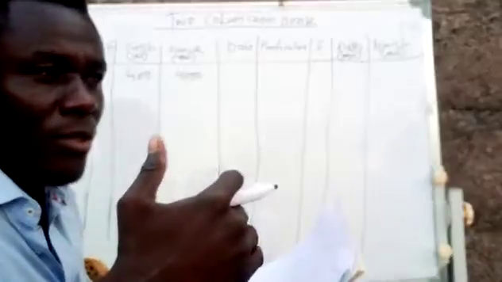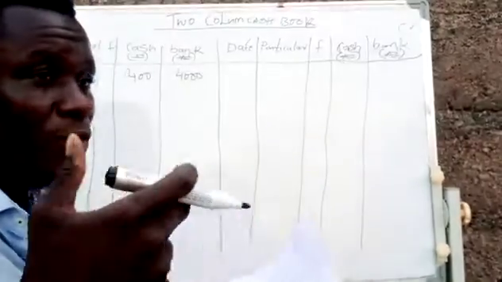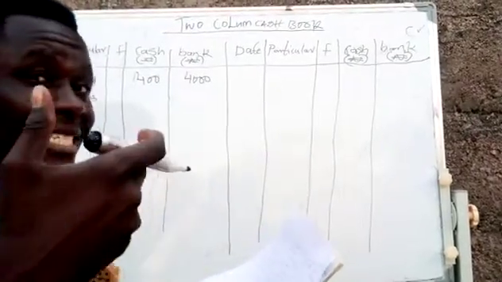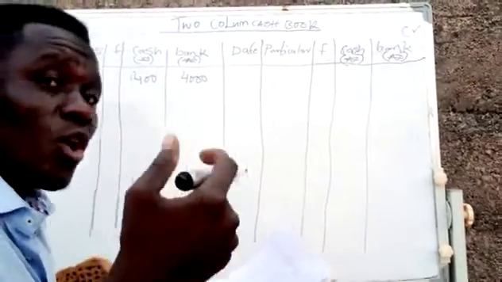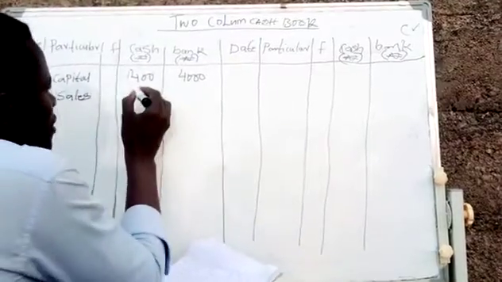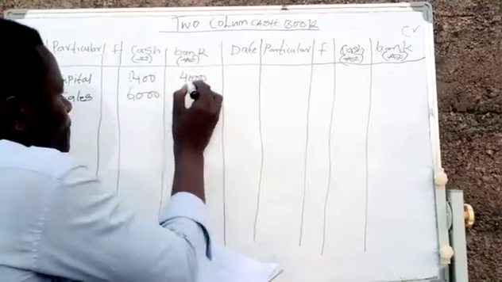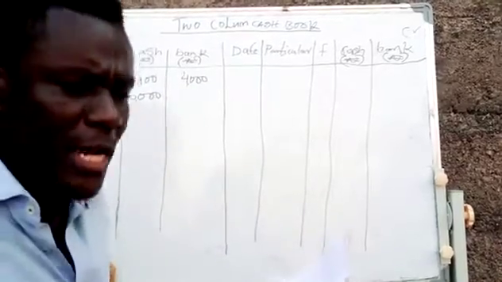And from the question, cash sales, which means you have made a sale by cash, you're going to put the 6,000 under the cash column. Then under cash, you write 6,000. Then we go to the next question.